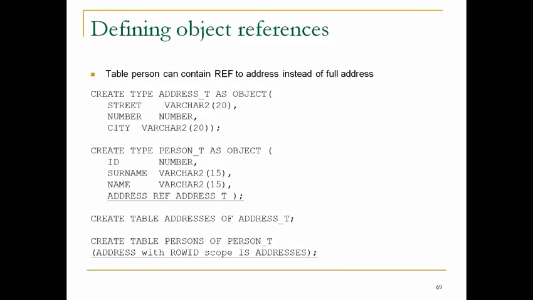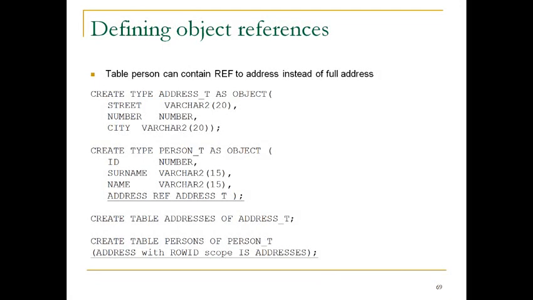The address would be a row type object here. And write here a reference, which in Oracle is named ref. And this reference here contains some unique identifier which uniquely identifies this object.